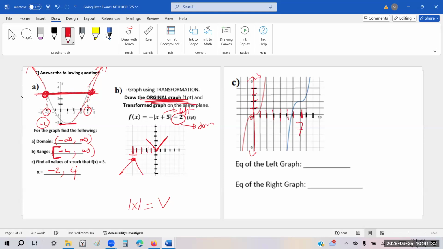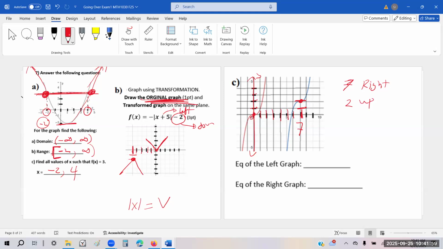This is 7, not 6. It's 7. So you're moving this point at the origin to here. So you're going 7 units to the right, not 6 units, and then 1, 2 units up. So 7 right and 2 up. That's your transformation.